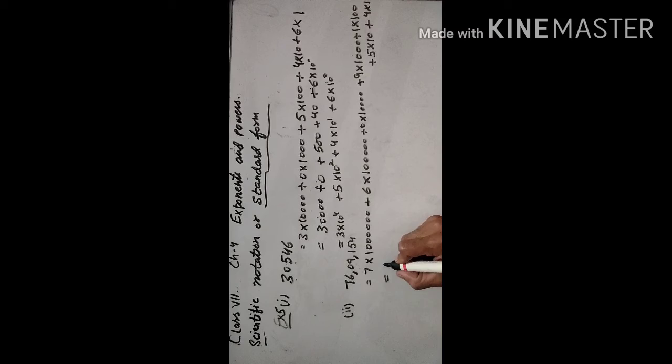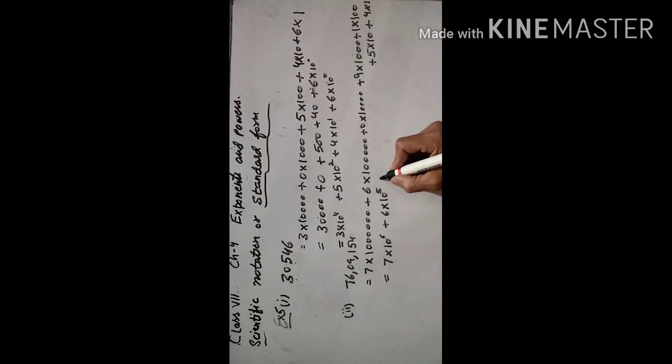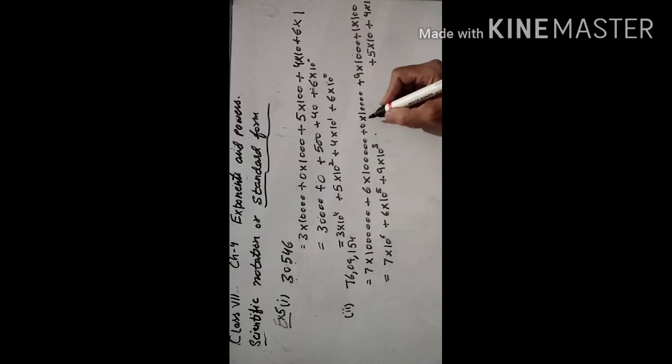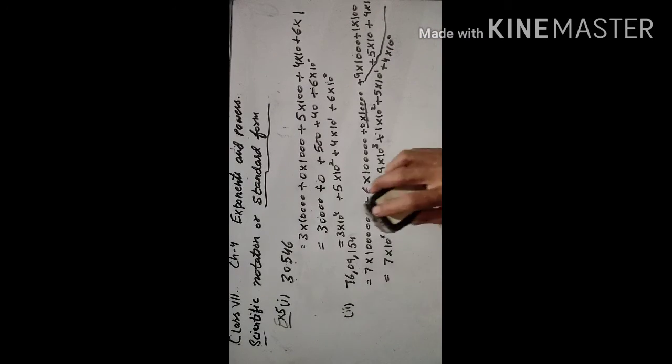That is, we can directly write 7 into 10 to the power 6 plus 6 into 10 to the power 5 plus 9 into 10 to the power 3, because 0 multiplied by 10,000 is 0, plus 1 into 10 to the power 2 plus 5 into 10 to the power 1 plus 4 into 10 to the power 0.